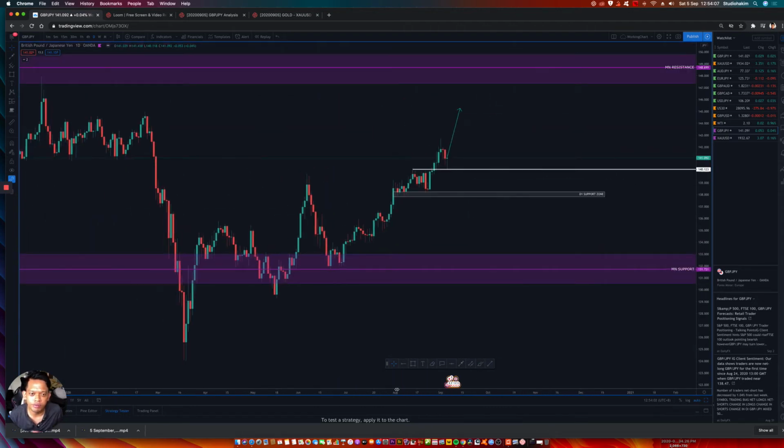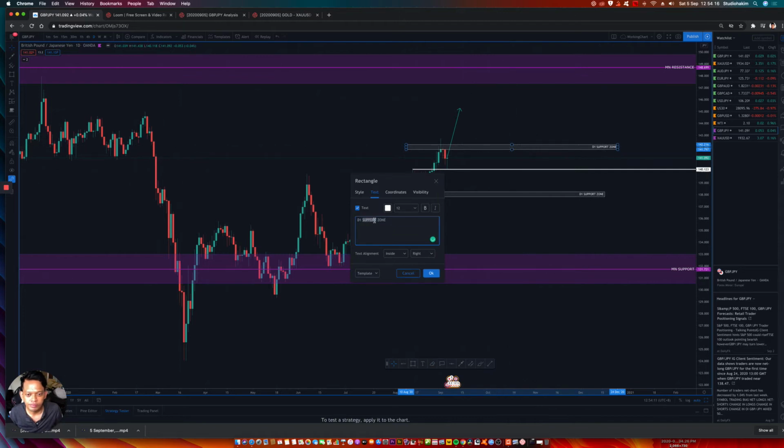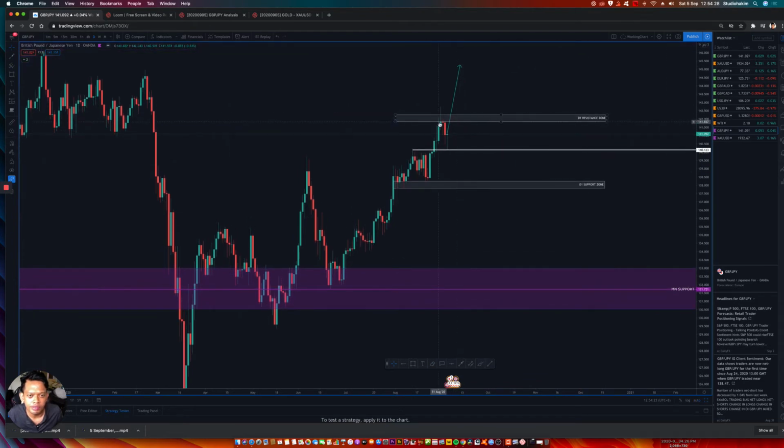Usually I'll also draw a D1 resistance zone. Here the D1 resistance zone is effective. It rejected, just looking left. To go up, it should break the D1 resistance zone.